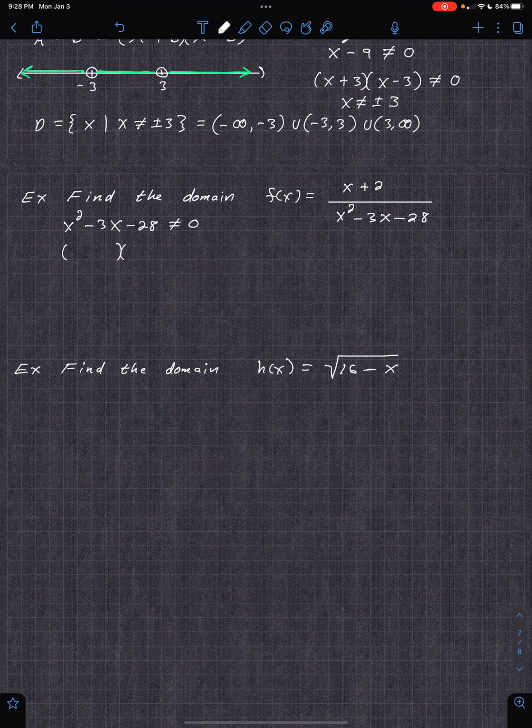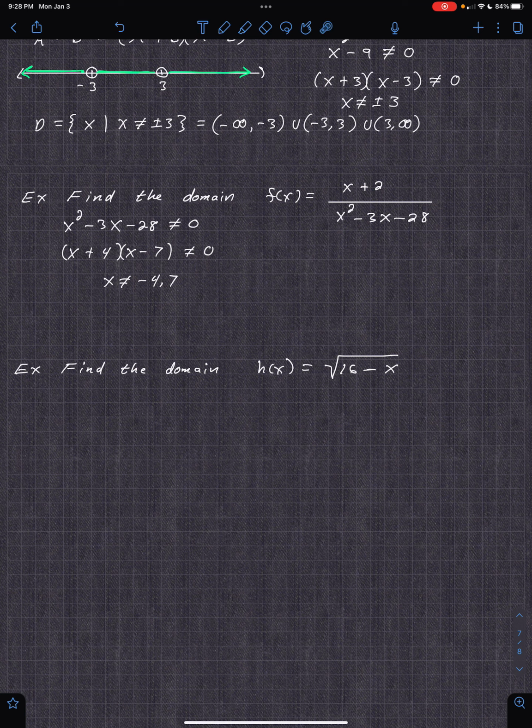So you factor this thing. You can say not equal to is fine. And you want a product that's 28 and a difference that's 3. So x and x. And then what times what is 28? 4 and 7, and the difference is 3. So you want this one to be larger negative, this one's positive. So x can't be negative 4 and positive 7.